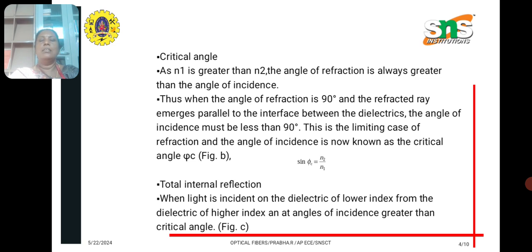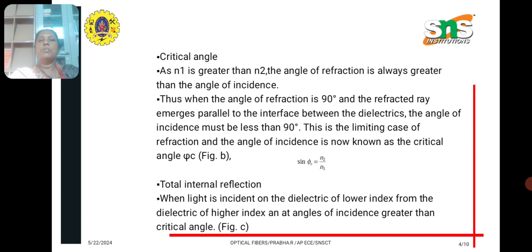Another important parameter is the critical angle. Here n1 is greater than n2, so the angle of refraction is always greater than the angle of incidence. When the angle of refraction is 90 degrees, the refracted ray emerges parallel to the interface between the dielectrics.